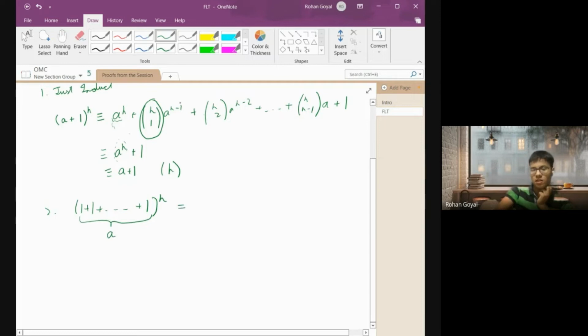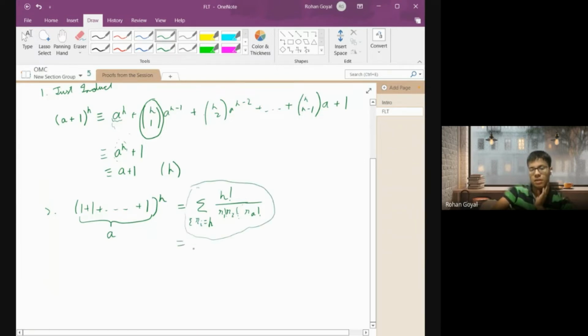Again, by the previous idea, you'll have p factorial upon a sequence of factorials, p factorial upon r1 factorial, r2 factorial, ..., ra factorial, where the summation of ri is equal to p. This is the form you'll have.